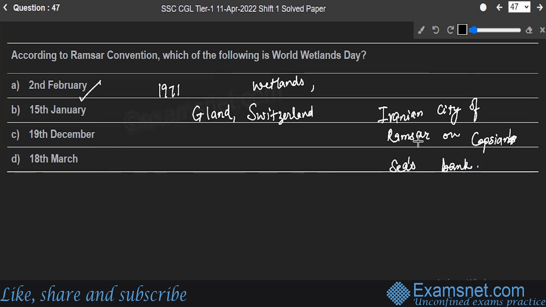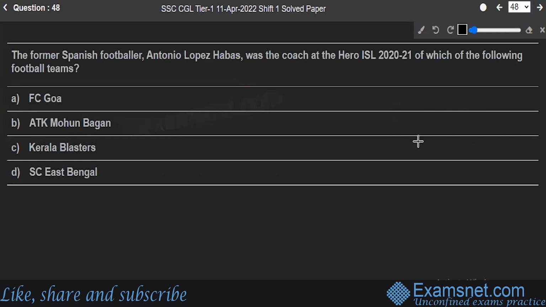Every year on the 2nd of February, World's Wetland Day is commemorated, but it was not established until 1997. So I hope you are clear with this question. Option A is the correct answer for this. Let's move to the next question, number 48.